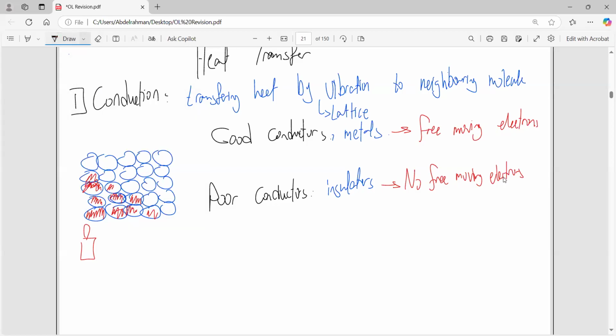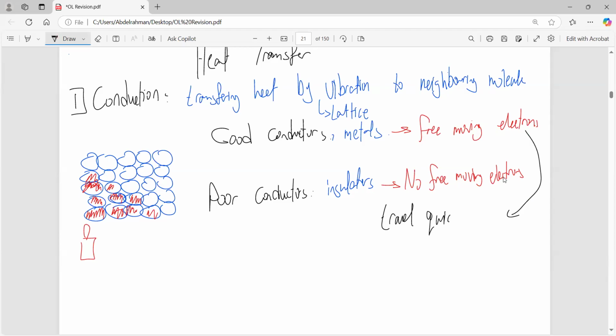What do these free moving electrons do? These free moving electrons can travel quickly between the molecules, and they transfer heat. They transfer the heat from the high temperature end to the colder end.